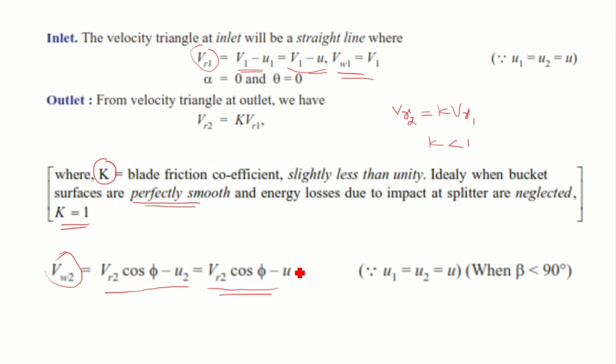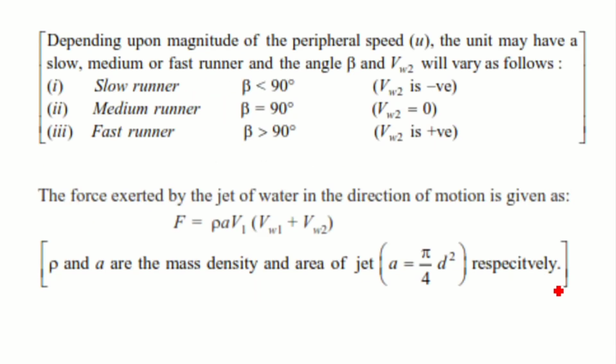So we are taking it as U, and the beta angle is less than 90 degrees, so we are taking it as an acute angle. Also, we know the classification of the Pelton wheel or impulse turbine: there will be slow runner, medium runner, and fast runner. To decide which, we need to look at the term beta.